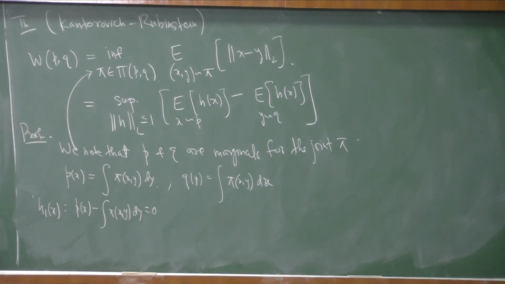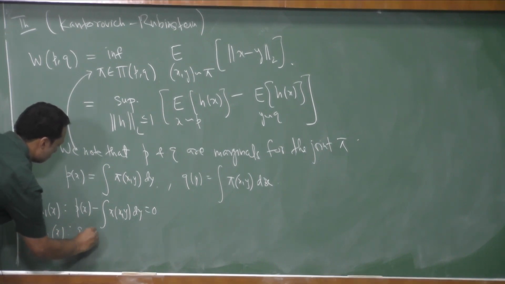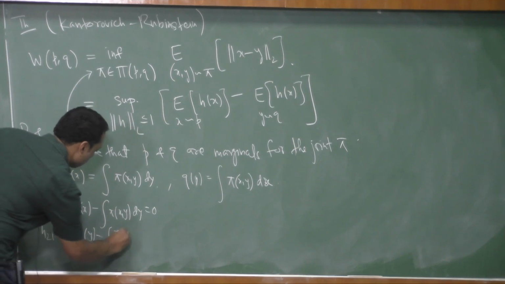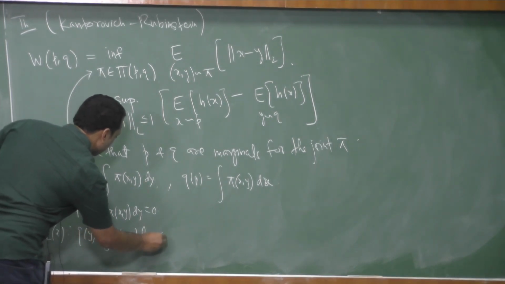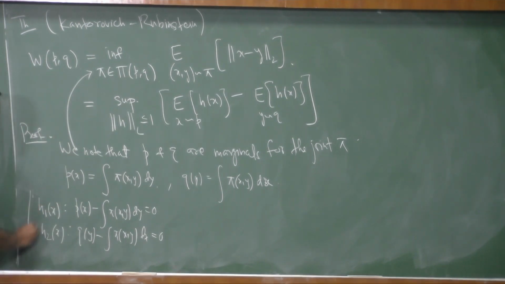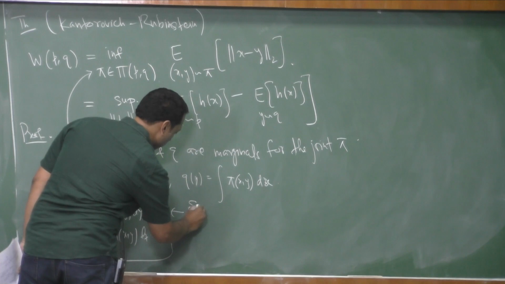This is the standard form. The other equality constraint that we have is Qy minus the integral of pi(x,y) dx. So these are our equality constraints.